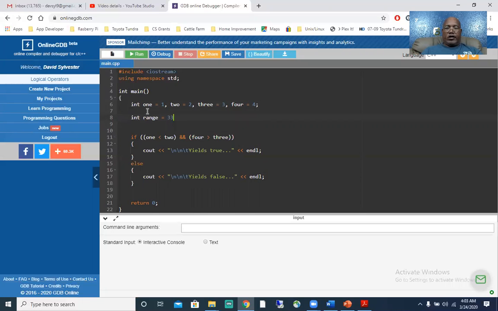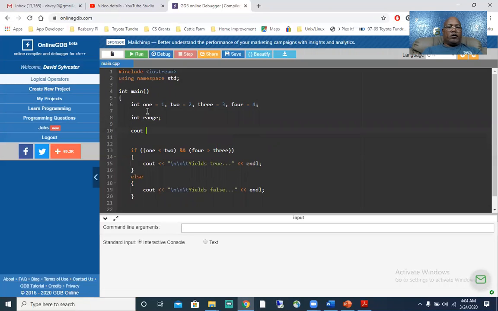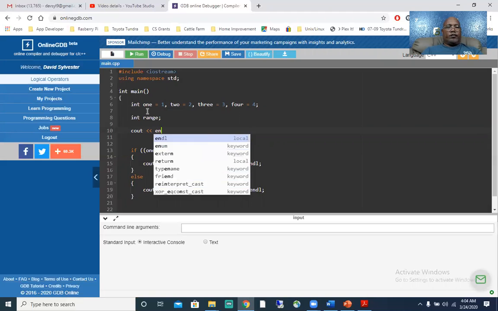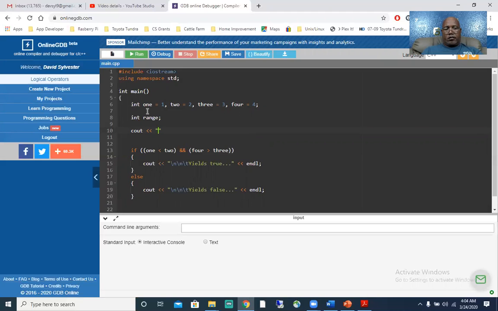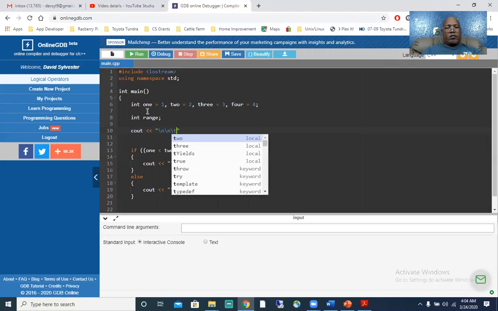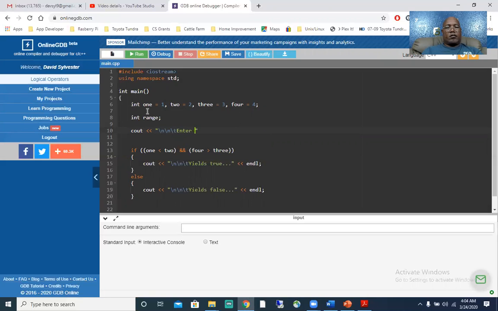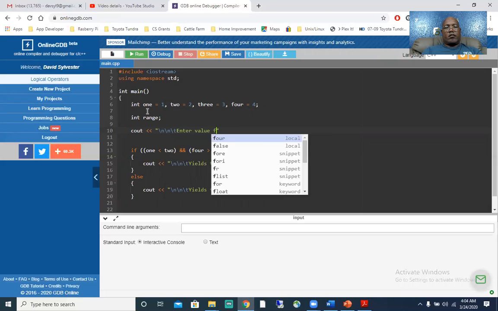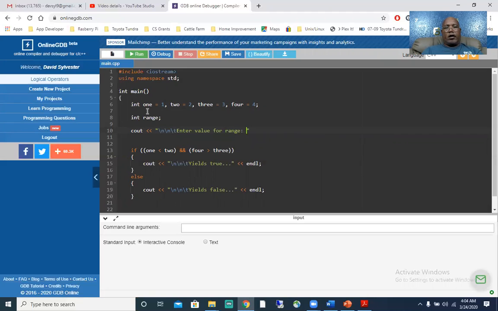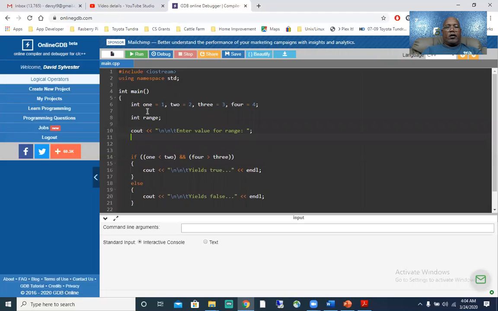Actually, I could have done cin, and I'll do it that way. I'll say int range, cout, enter value for range. And then cin range. So now every time I run it, I'll be entering a range.